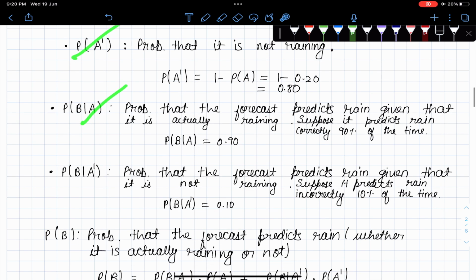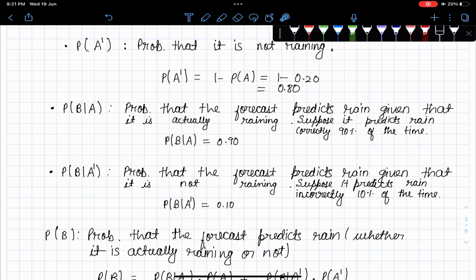Now the third probability: the probability that the weather forecast predicts rain given that it is actually raining. Now understand the statement here. The probability that the forecast team predicts rain given that it is actually raining.